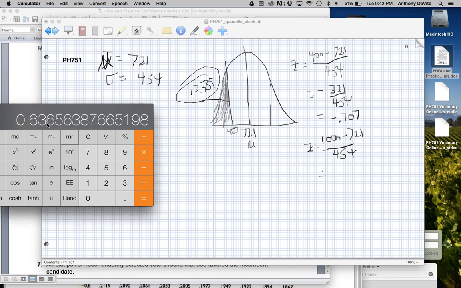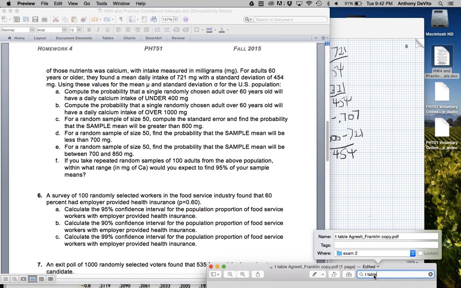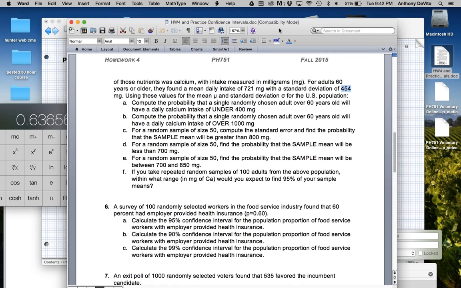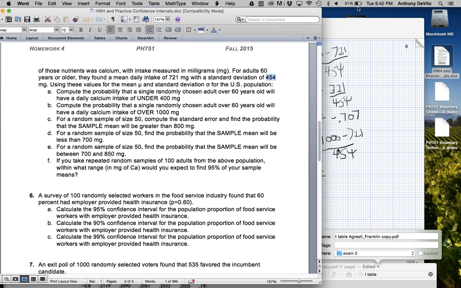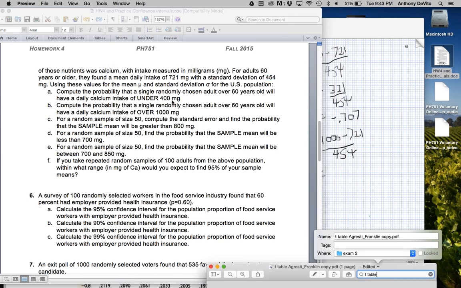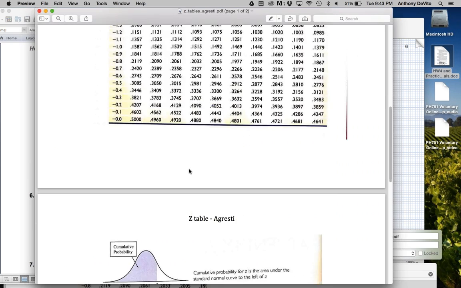It's a plus 0.636. I'm going to call it plus 0.64 because I know I'm only going to get those two decimal places out of my table. It might actually be more precise to use Excel. Okay, 0.64, z-table. Here we go.